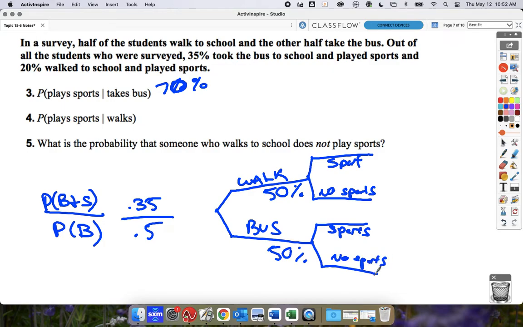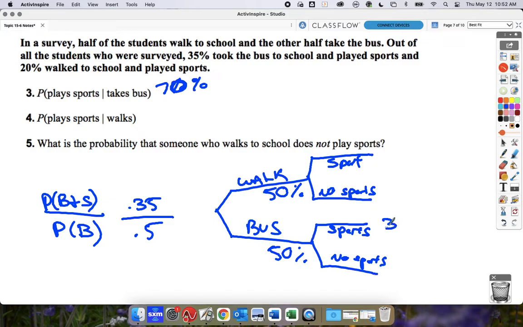It says that 35% took the bus and play sports. Where does that go? If you took the bus and play sports, does that go right here or over here? Over here.